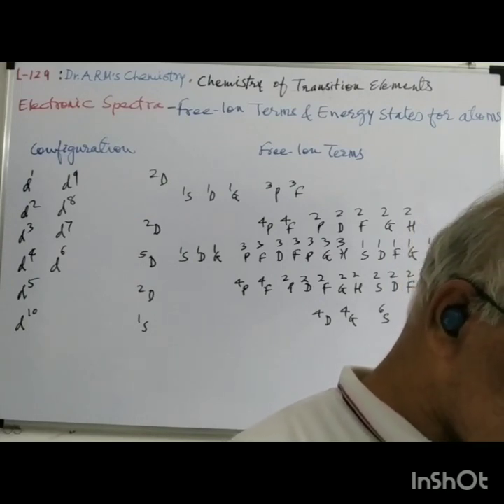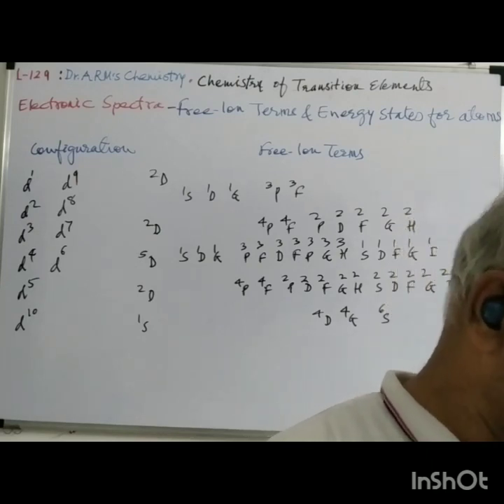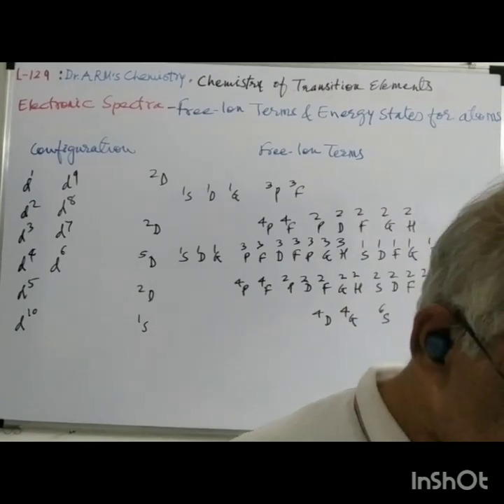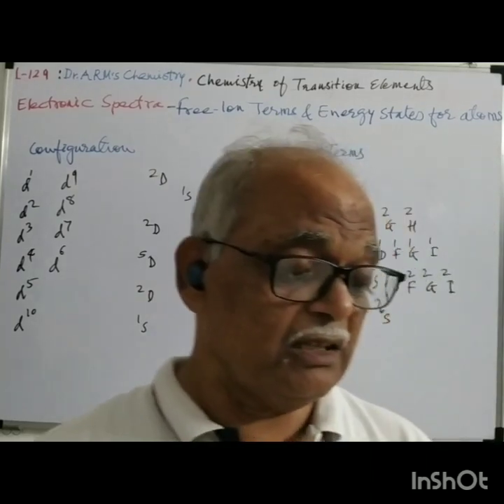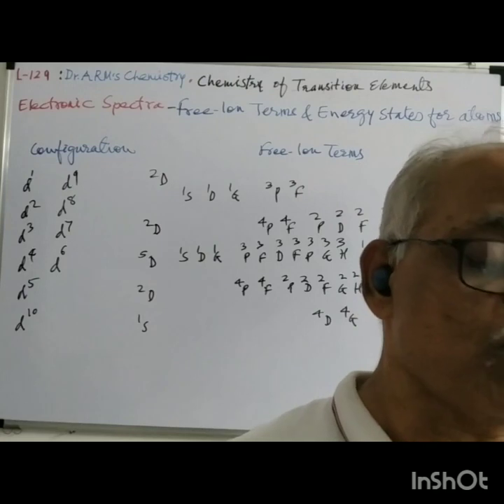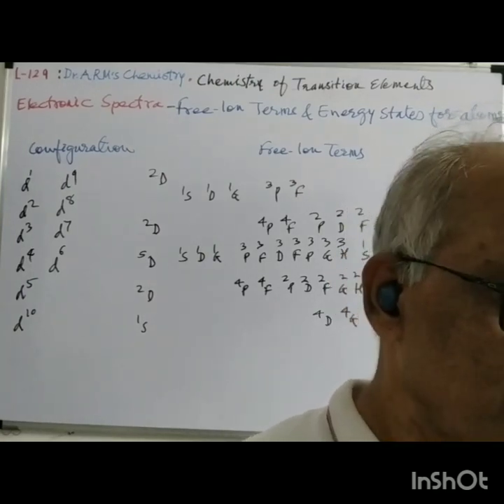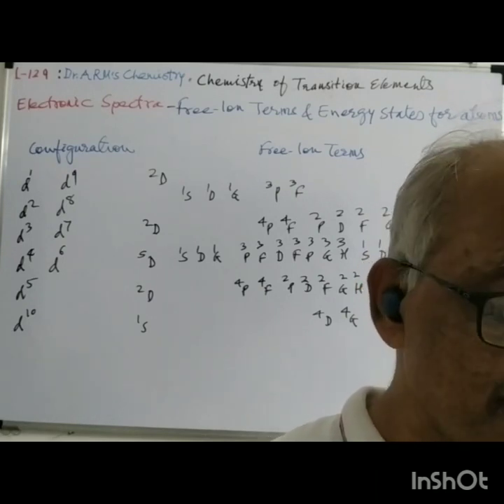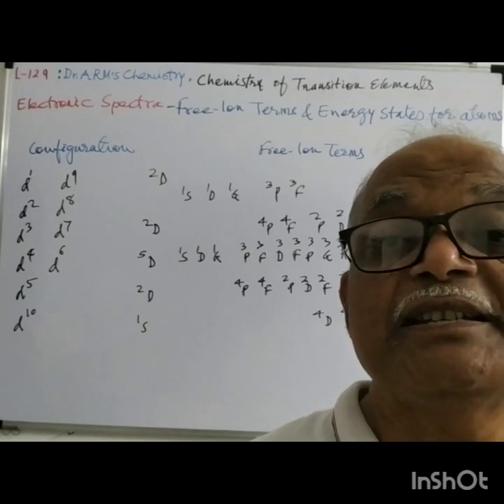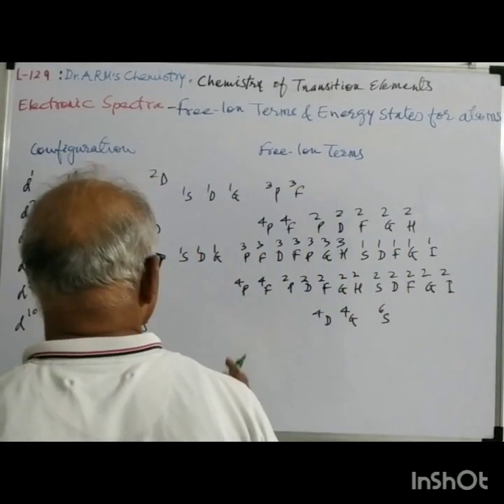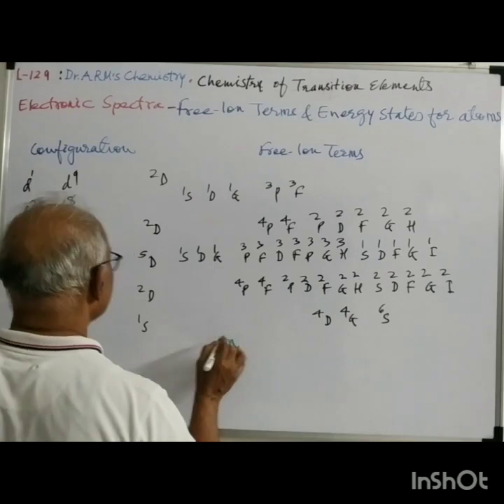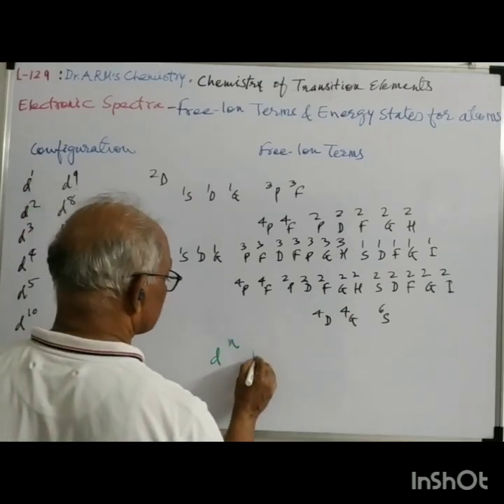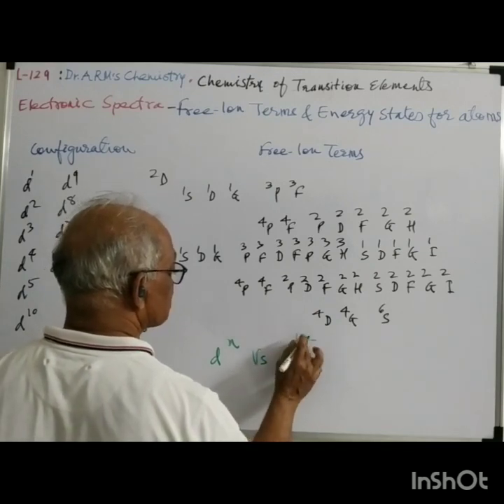Now, last time we have seen how to calculate the free ion term for a given electronic configuration, that is d1, d2, d3, etc. And this helps to understand comparative studies of octahedral versus tetrahedral, similarly low spin versus high spin, and dn configuration versus d10 minus n configuration.